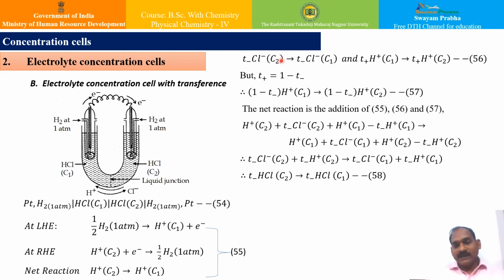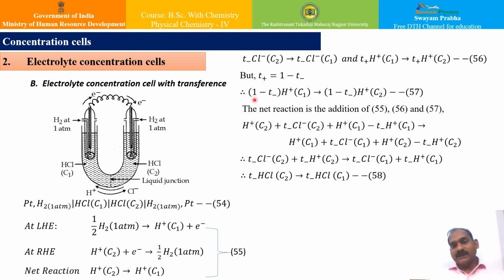That means the chloride ions will transfer from the C2 concentration to the C1 concentration, and the transport number of H plus ions at C1 concentration will transfer from the left hand side to the right hand side through the liquid junction. That is what is given.